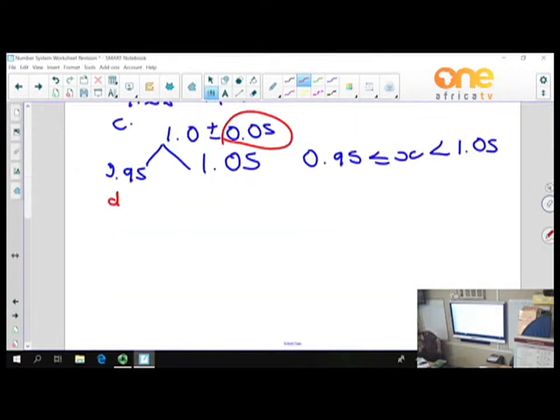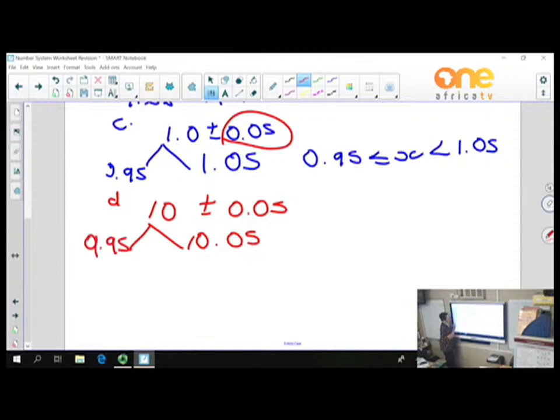Number D. D says 10. Yeah, this is now also a nice one, but it's still to one decimal place. So it will still be plus or minus 0.05. It's that one decimal place while we add that. So this one becomes 10.05, 9.95. I find it easier to first get that one and then just subtract it from this side.